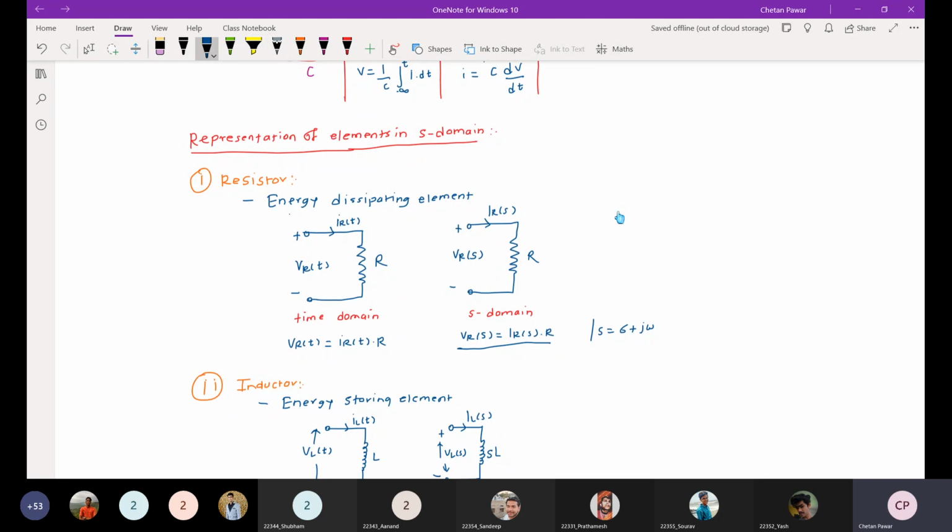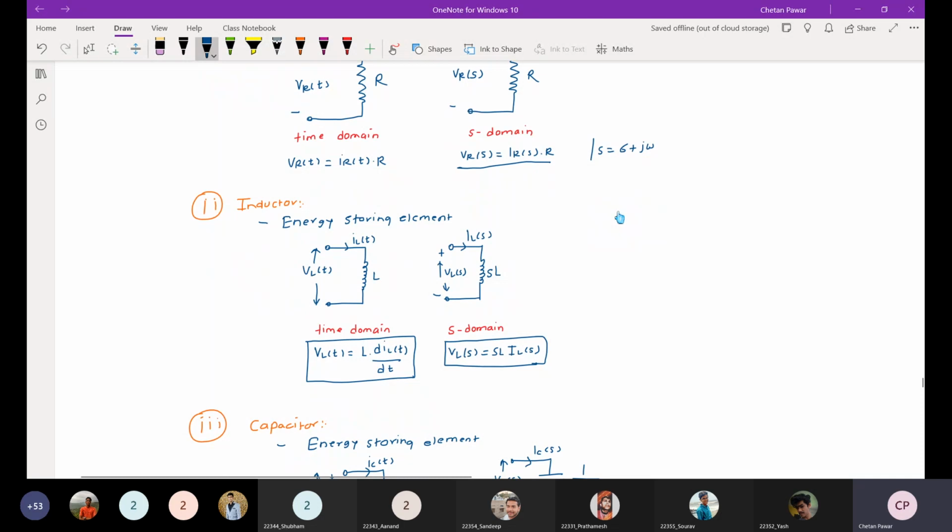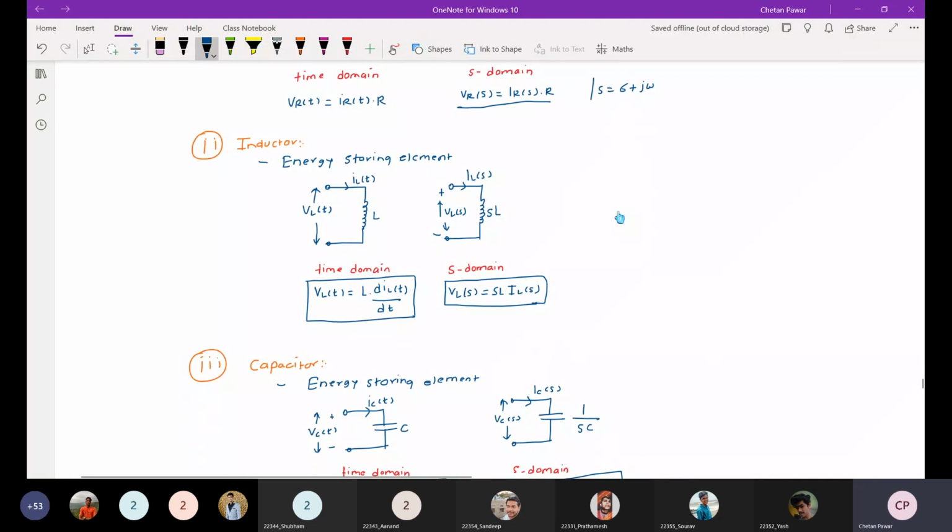It is independent of frequency, because it is a linear element. So in the S domain you can represent the resistor like that.